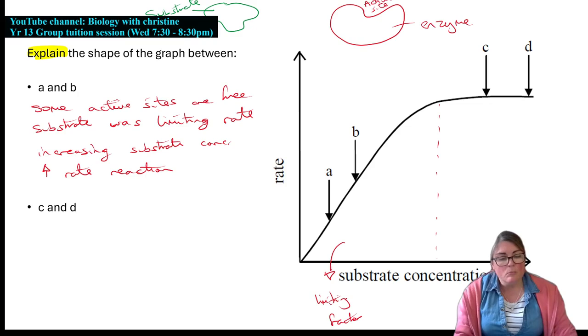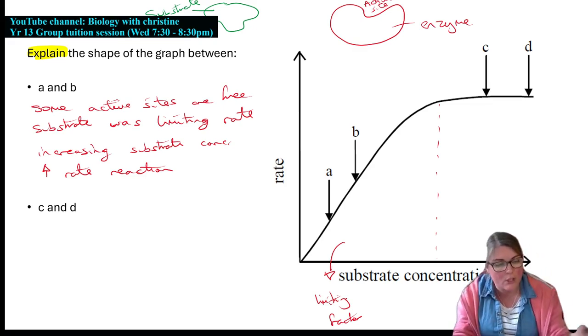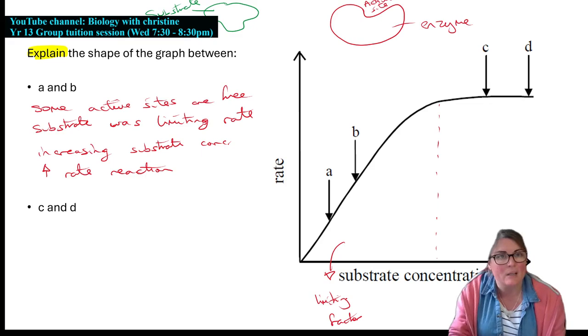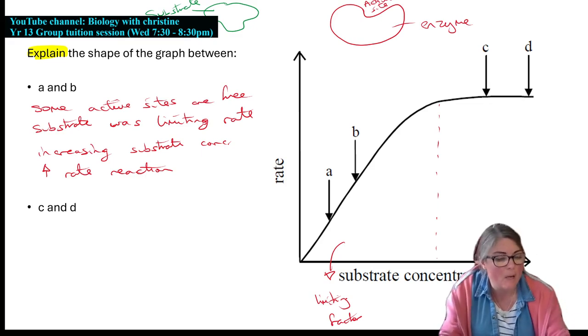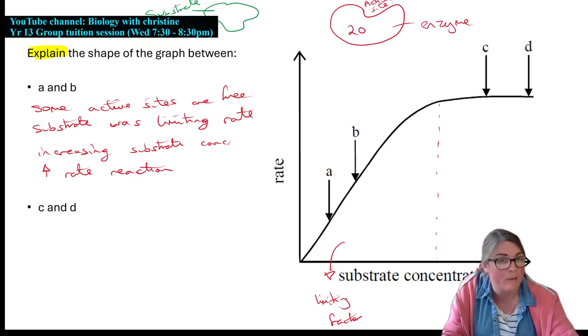Well, we're no longer talking about our substrate concentration limiting the factor of the rate in this reaction. So what is it that's going to happen here? If I increase the substrate concentration, remember my enzymes, I only have a set number. I said, if I remember rightly, I had 20 enzymes.